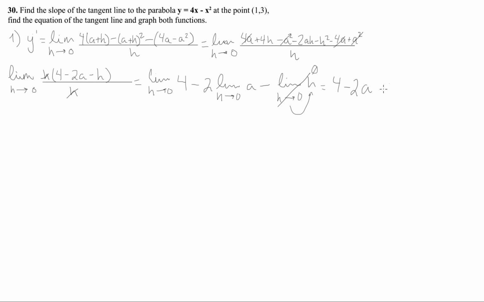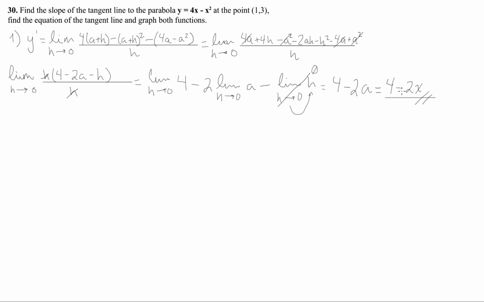This is the derivative in terms of a, but we are looking for the derivative in terms of x, because this function is in terms of x. So the derivative will be 4 minus 2x. Now this is the answer for the derivative.